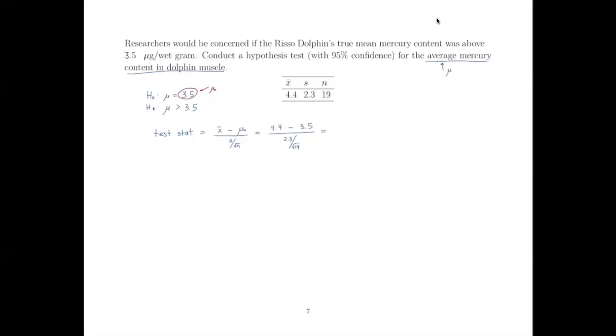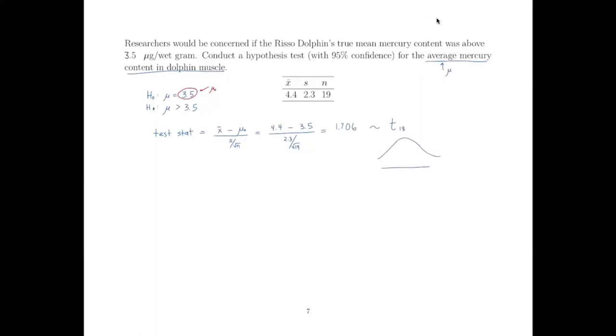When I worked that out on my calculator, I got 1.706, rounded to 3 decimal places. Now my test statistic is going to follow a t-distribution with n minus 1 degrees of freedom. So in this case, my degrees of freedom is going to be 18, 19 minus 1. I'm going to draw a little picture to remind us what is going on here.